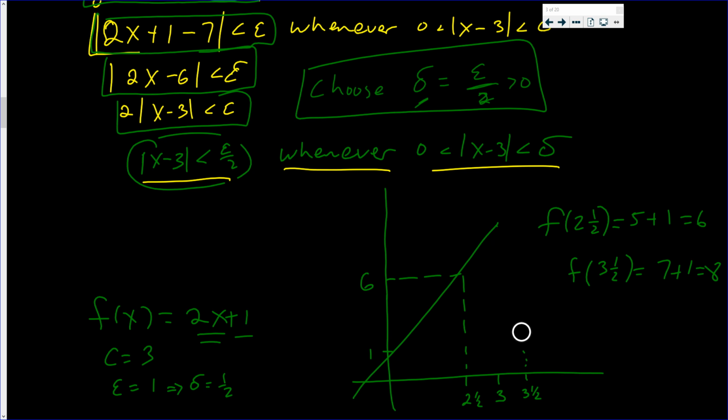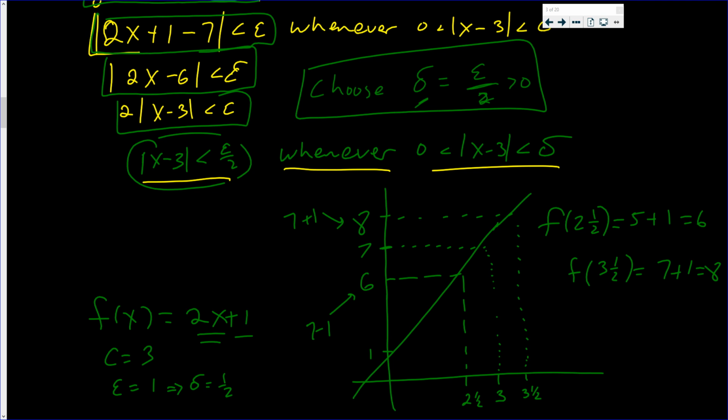Whether f of 3 is defined or not, it's right there, 7. Now, this number is our 7 minus epsilon, which is 1, and this number is L plus epsilon.